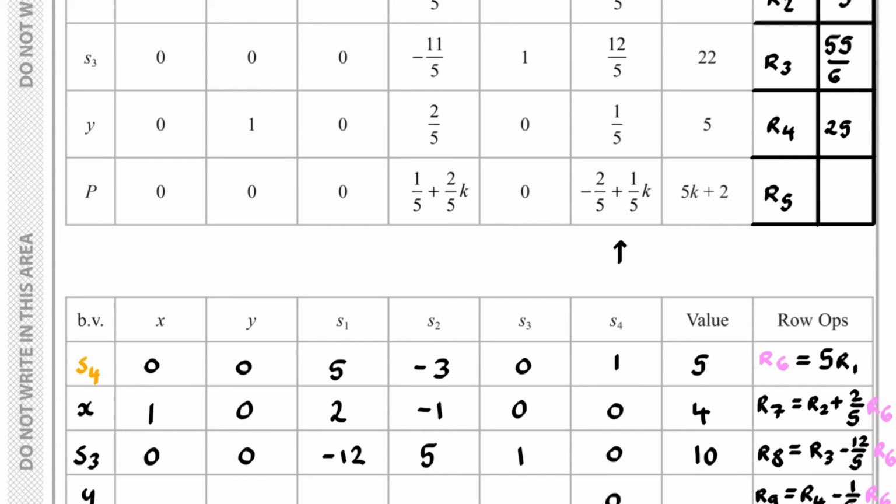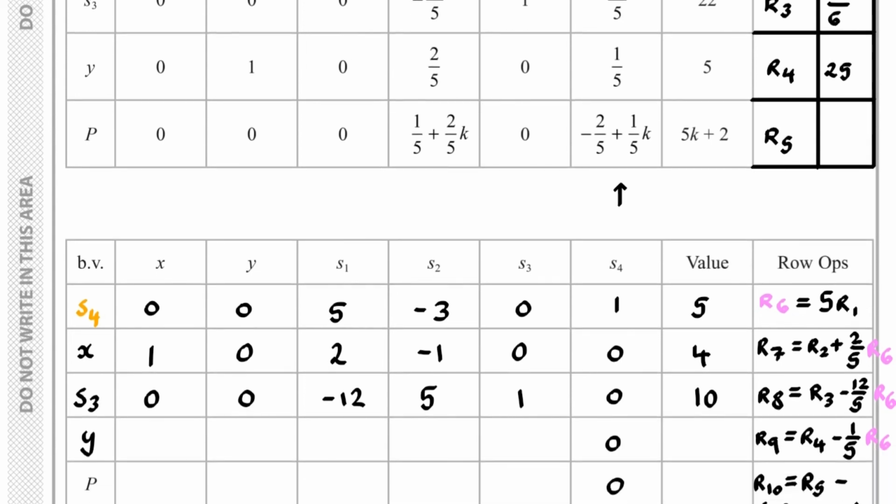Next, we would have 0 subtract 1/5 of 0, which is 0. Then we would have 1 subtract 1/5 of 0, which is 1.